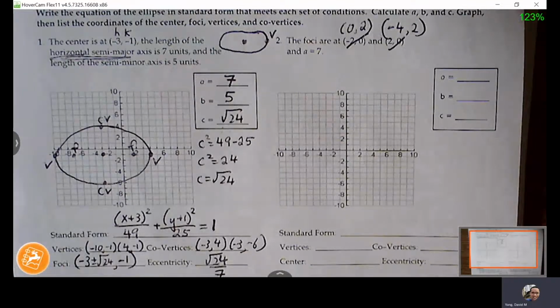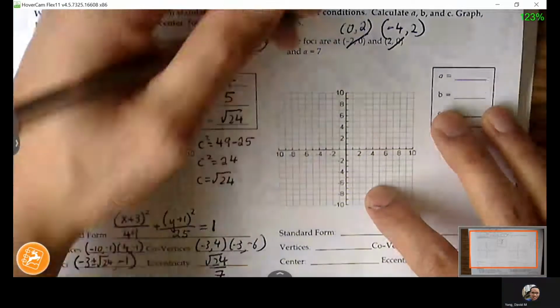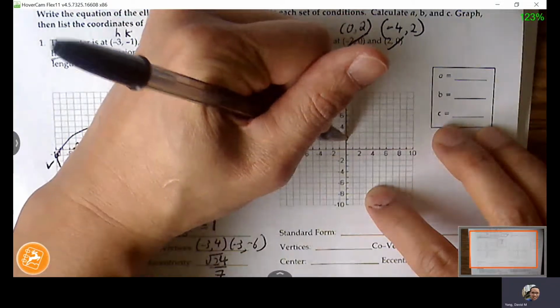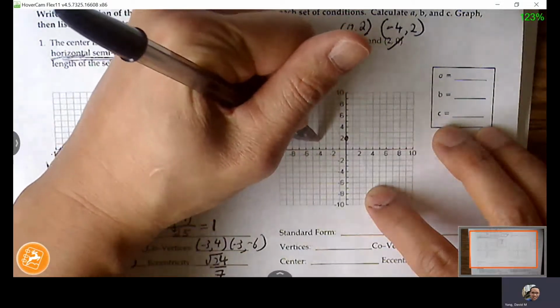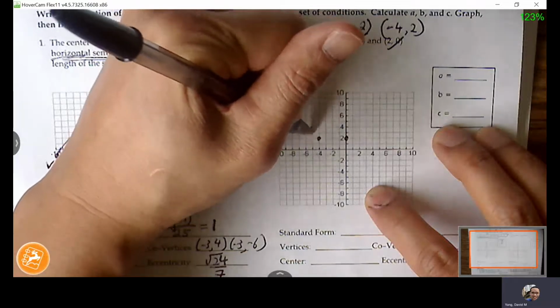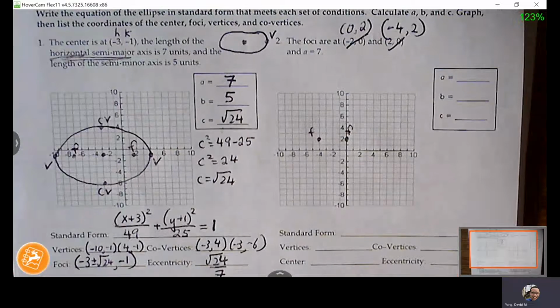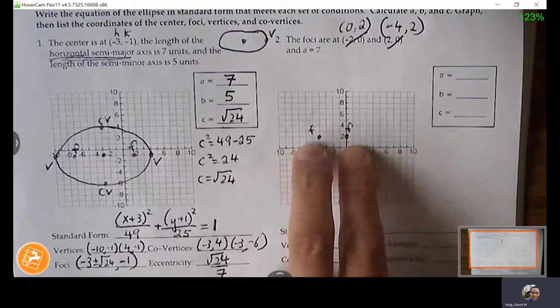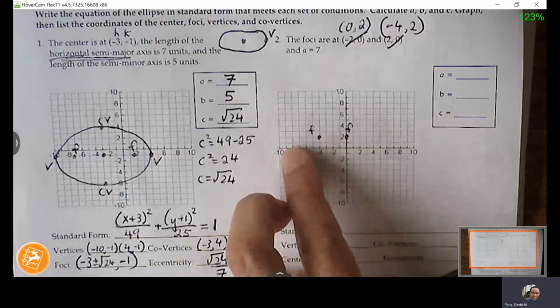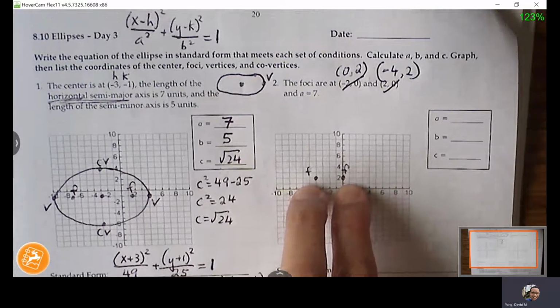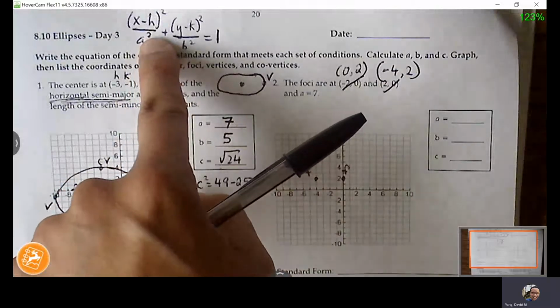We'll let the foci be 0, 2, and negative 4, 2. Okay, the foci are across from each other horizontally. So which orientation is this going to be? Yeah, it's also a horizontal major axis, right?